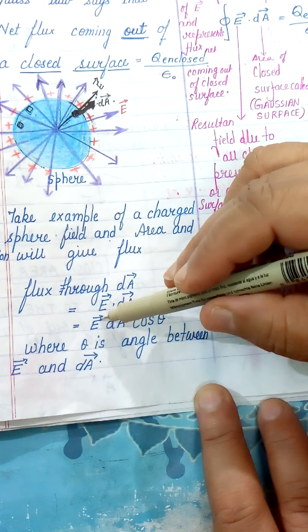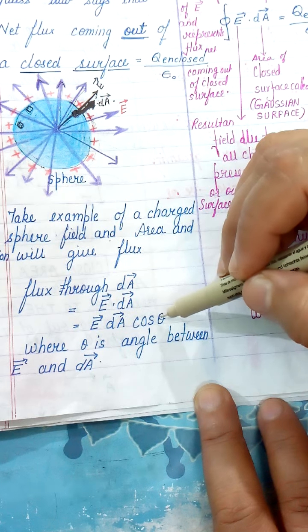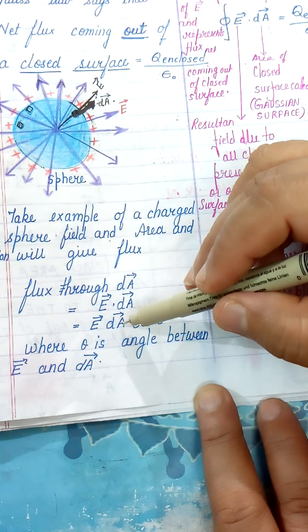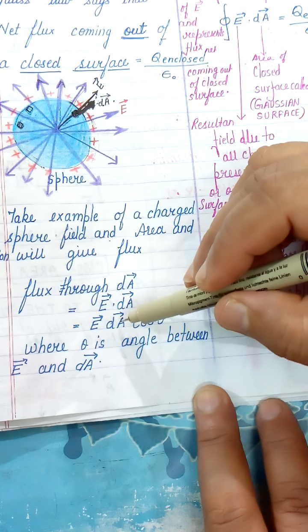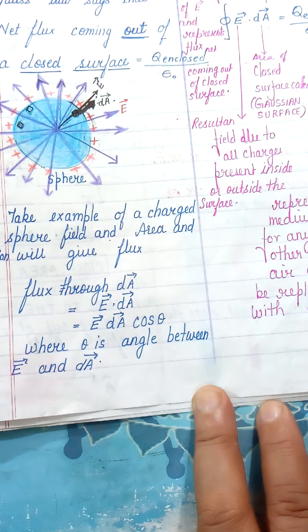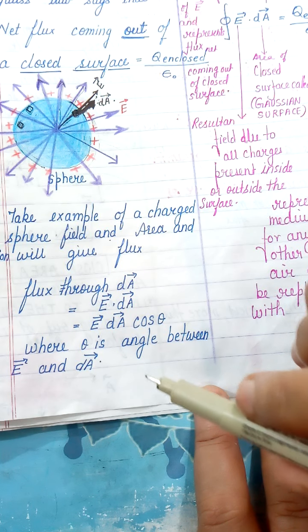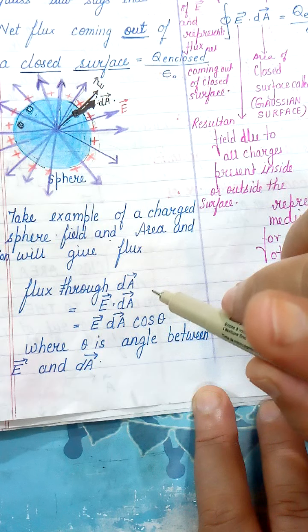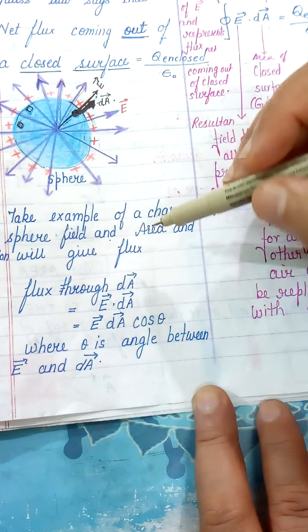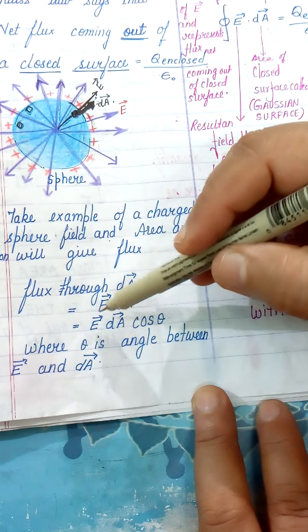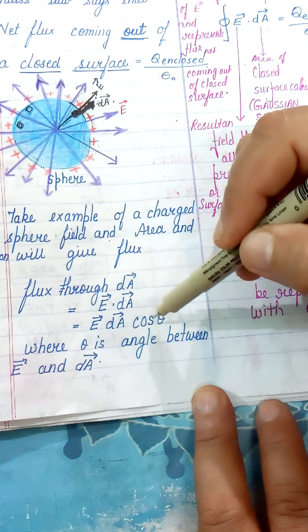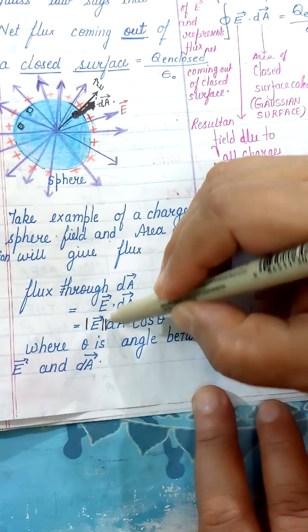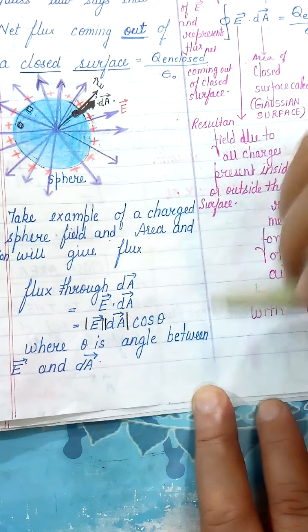Now open it: E dA cos theta, where theta is the angle between the electric vector and the area vector. Let me remind you again, theta is not the angle between the electric vector and the surface area. It is the angle between the electric vector and the area vector, right? So E dA cos theta, with magnitude of E and magnitude of dA cos theta.